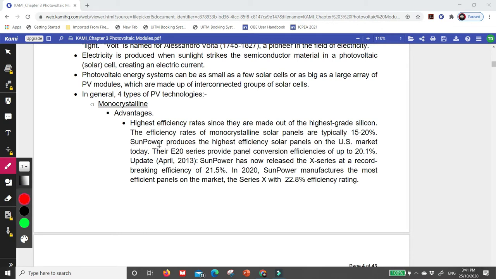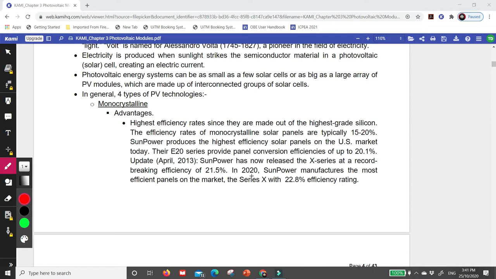SunPower, the name of the company, produces the highest efficiency solar panel on the US market today. Their E20 series provides panel efficiency of up to 20.1%. In April 2013, SunPower released its X series PV module at a record-breaking efficiency of 21.5%.